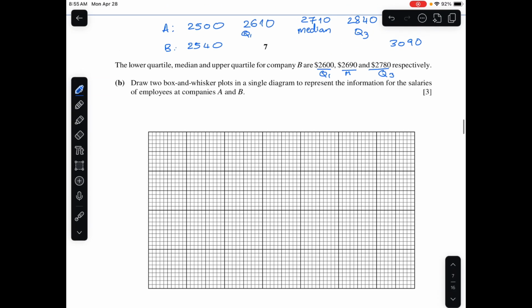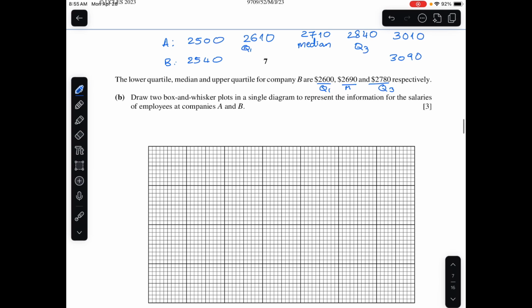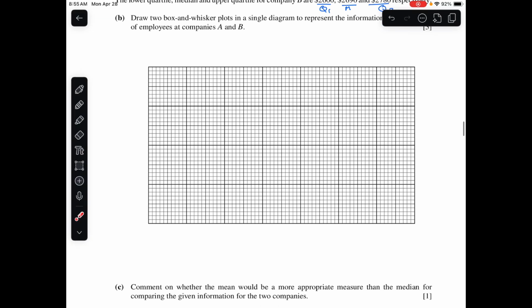So now to draw this, if you look at the values, the least value is 2500 and the greatest value is 3090. So you need to choose a scale which will fit all of them. So I am going to start with 2500.